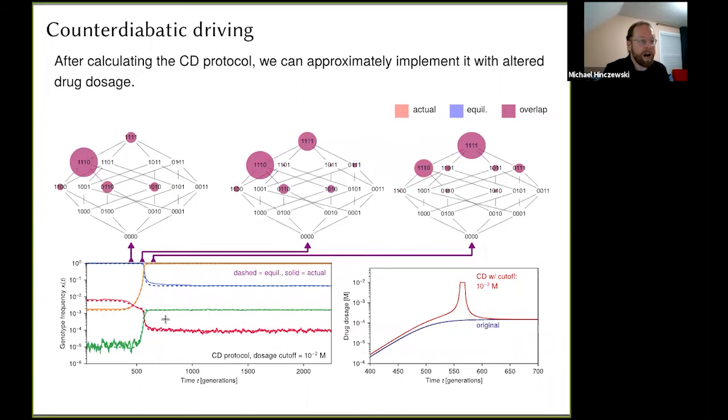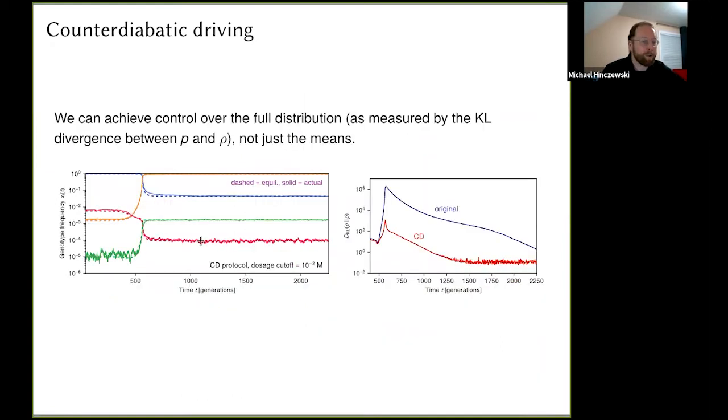Now, this is of course just showing the comparison of the mean values. But if you look at the actual, for example, KL divergence between the full distribution and the instantaneous equilibrium, so I call it rho here, but it's P equilibrium. This is the KL divergence.